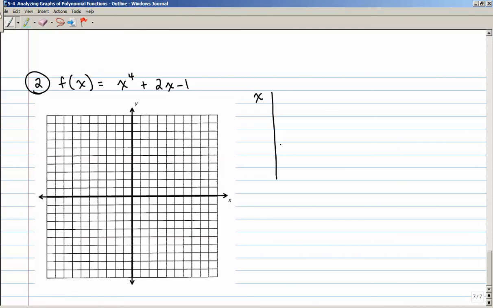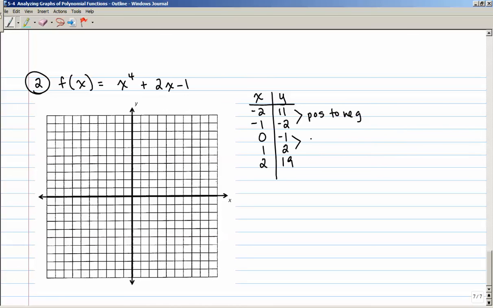So my x and my y, and I had -2, 11; -1, -2; 0, -1; 1, 2; and 2, 19. Now notice I don't have any zeros in my y column, but it goes from positive to negative right here, so I know there's going to be a 0 in there.